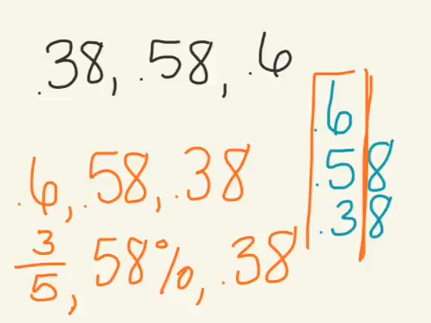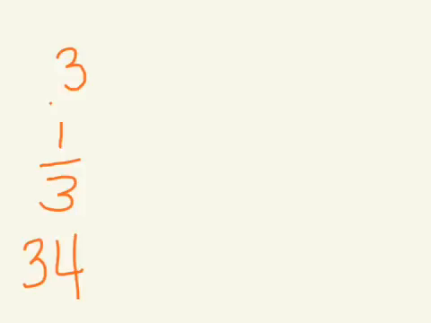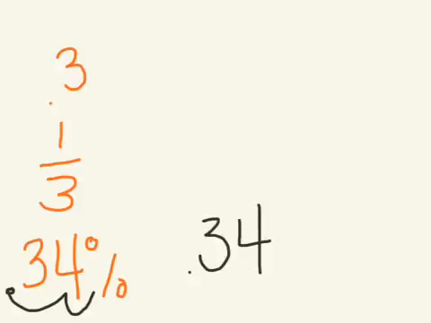For example, if I had 0.3, I had 1/3 that I need to compare, and I had let's say 34%. If I want to change that percent to a decimal, once again I move that decimal point twice to the left, and I get 0.34. Here I already have 0.3.